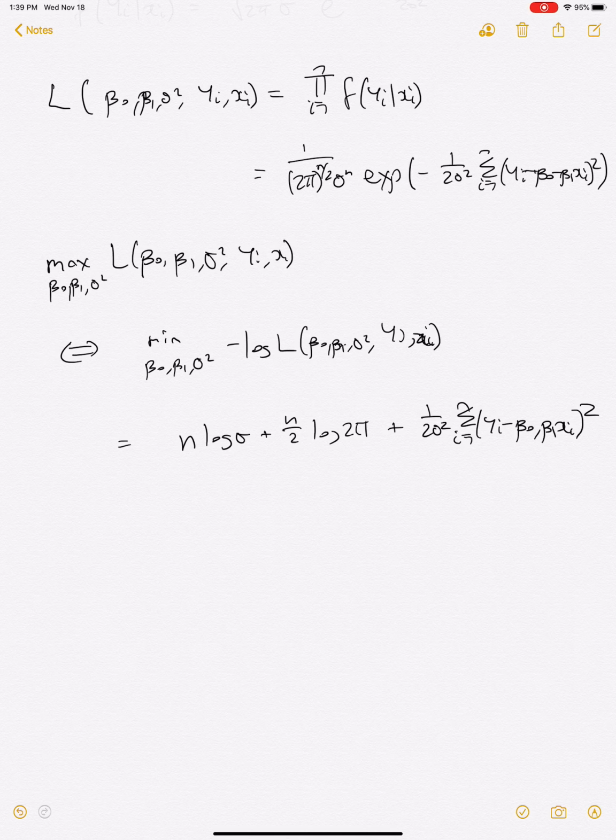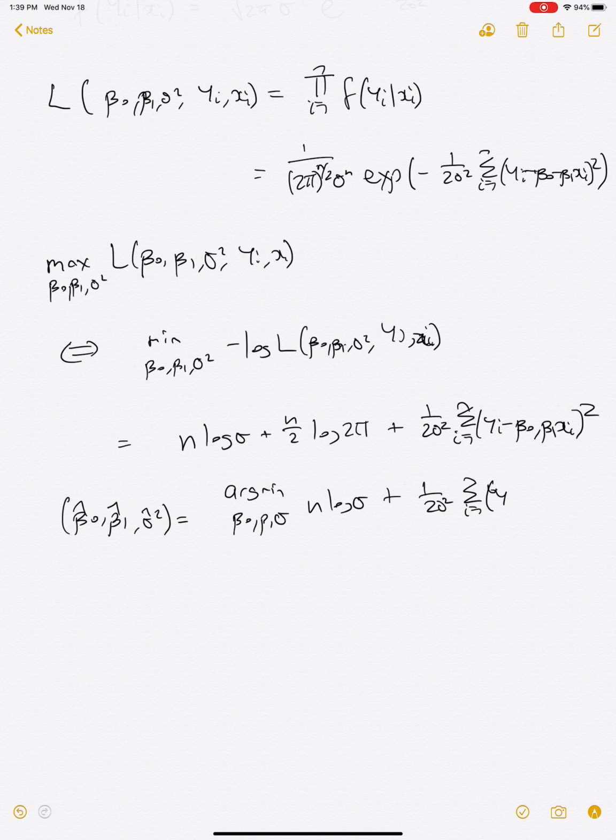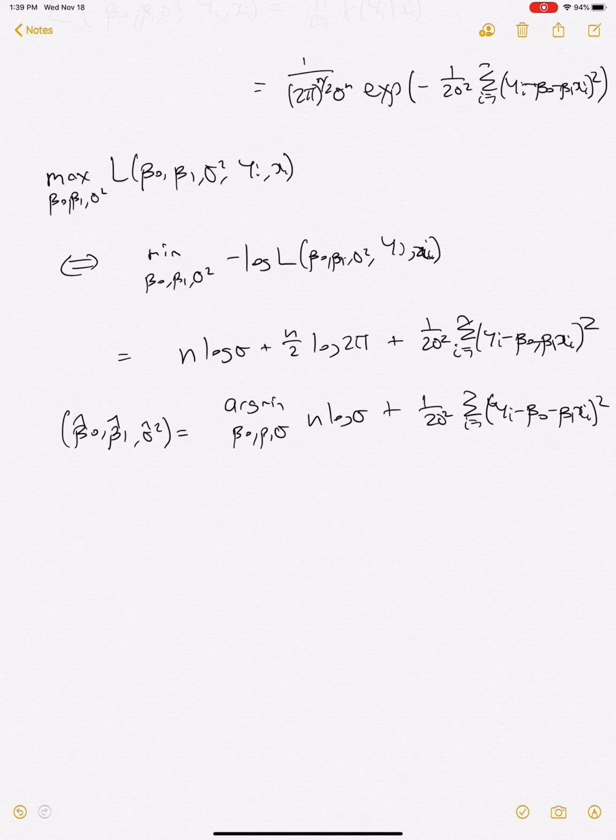And so you can see that we want beta hat 0, beta hat 1, and sigma hat squared to be the argmin over beta 0, beta 1, sigma of n log sigma. We can forget about the n log 2 pi because it doesn't contain any of the terms here. So we want to minimize over beta 0 and beta 1.